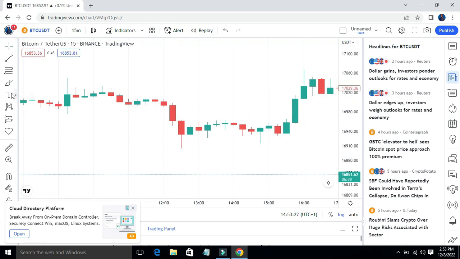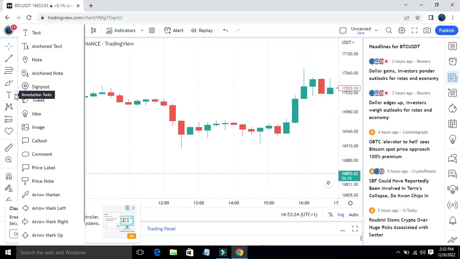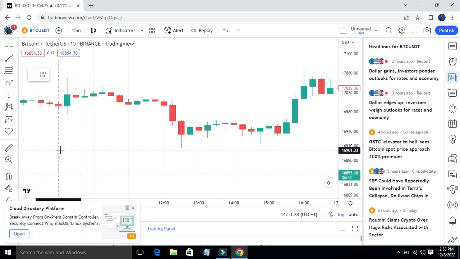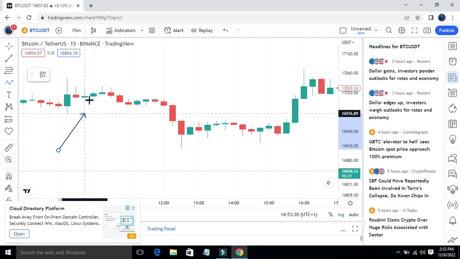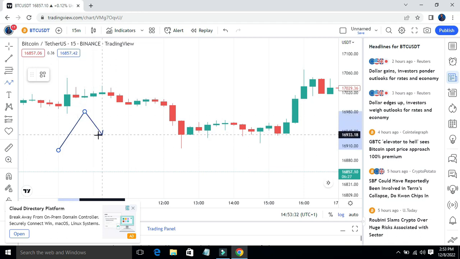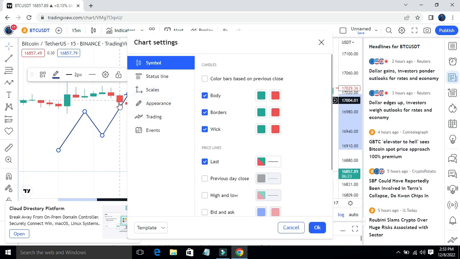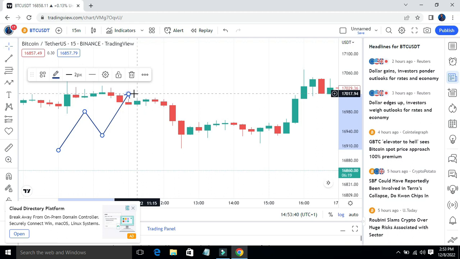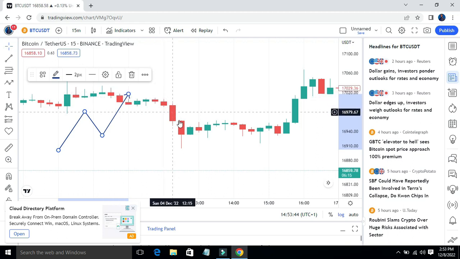Let me show an example. In an uptrend like this, you begin to see candles like this, indecision candles ranging for long. That means there is going to be a reversal.